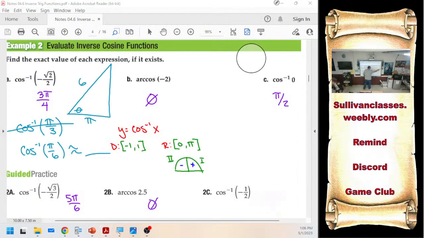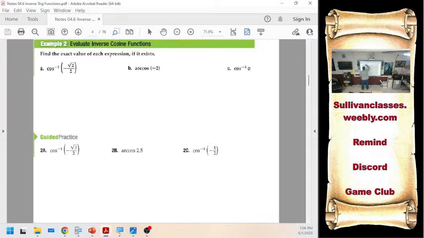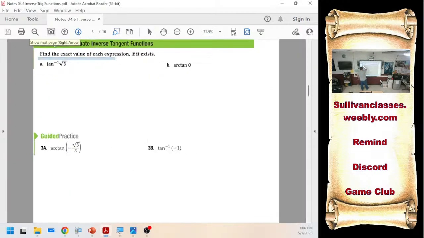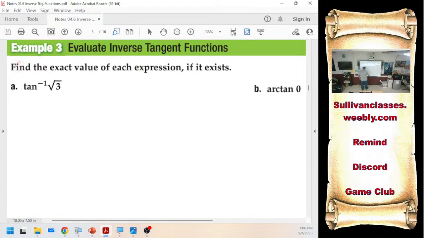If I get one of those weirdos, how about arctangent? Y is arctangent of x. My domain, what is it now? All reals. Which means I'm always going to have a legal target.